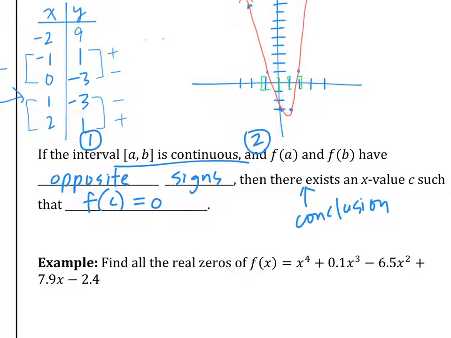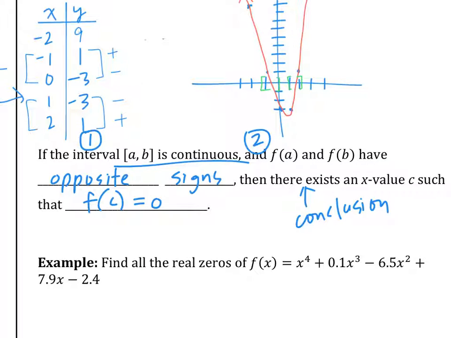Okay, let's have you guys practice telling your partner. Without looking at the theorem, let's have the people on the left tell the people on the right the two things that are needed for this theorem to work.